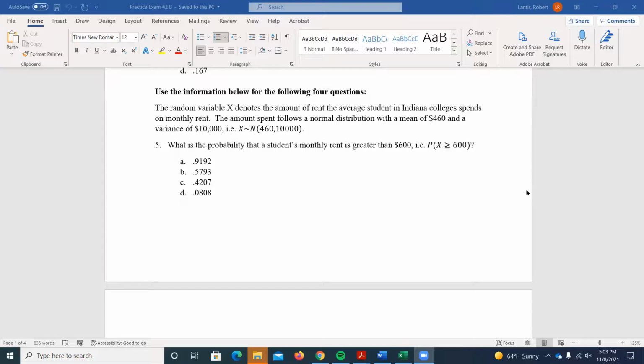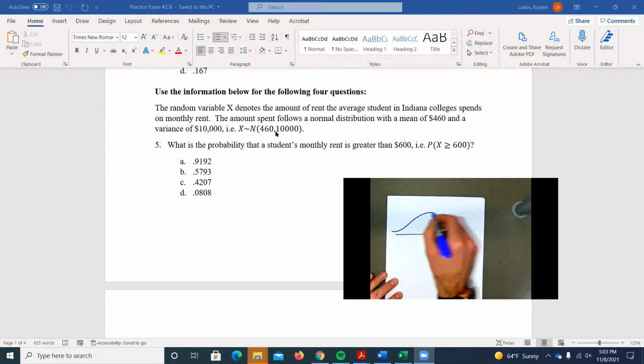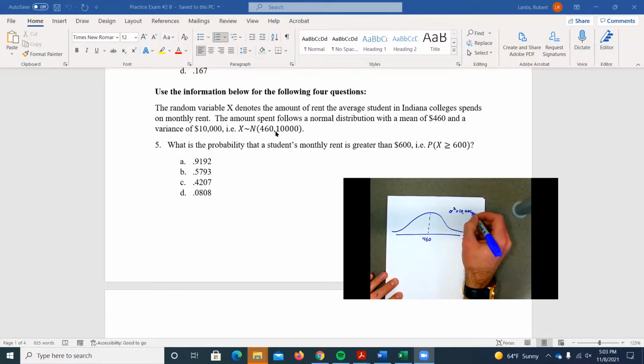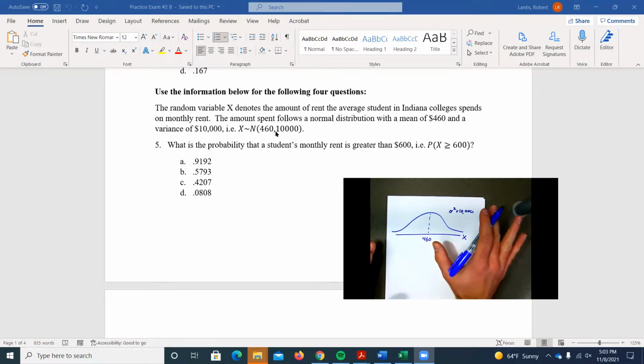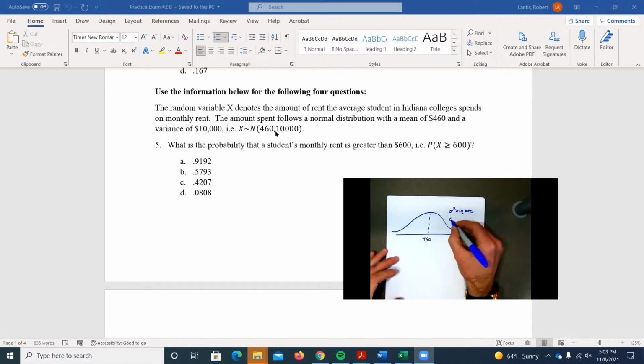So I've got this normally distributed variable, and the mean is 460, and the variance is 10,000. Now the variance is useful, but a lot of the times it gets more useful to have the standard deviation. So right away, I'm going to figure out what the standard deviation is as well. I know the variance is 10,000. The standard deviation should just be the square root of that, which would be 100. Okay.